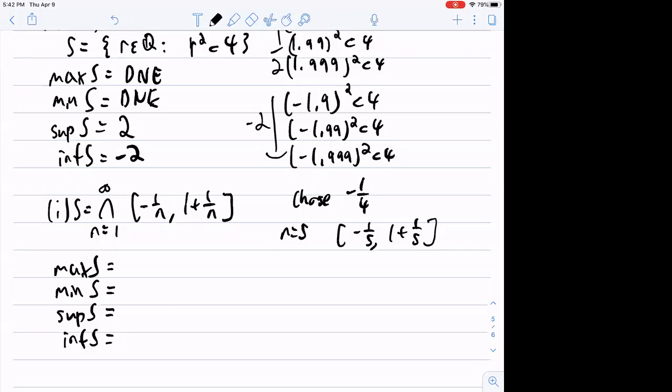No, it doesn't. So are you all convinced that because -1/n goes to 0, I can't have any negative numbers? Do you all agree?